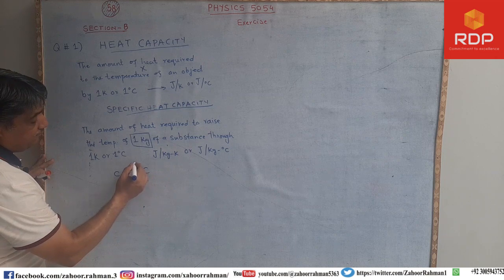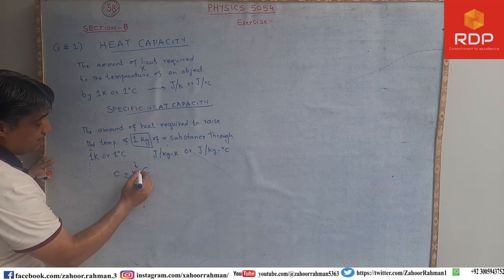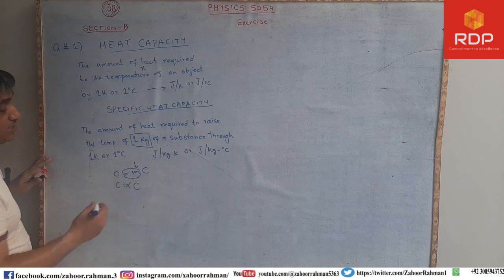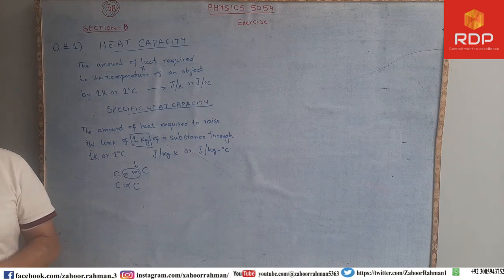If m is constant, it means that specific heat capacity and heat capacity have a direct relation. Specific heat will increase if the heat capacity is more. So they are related with this equation.